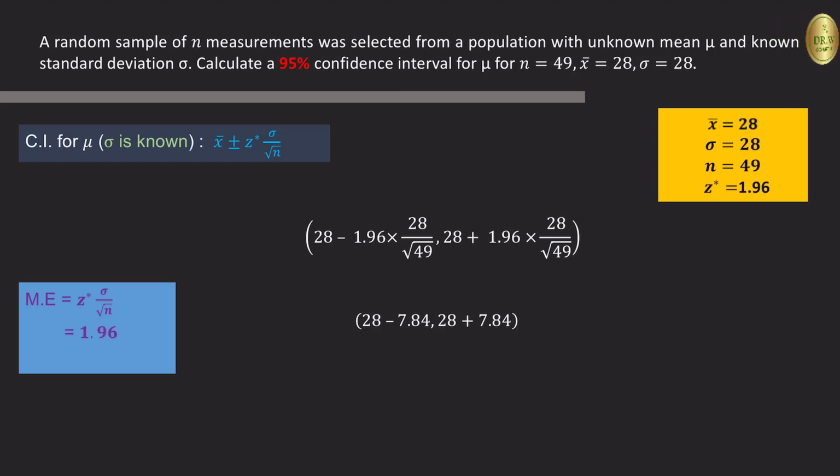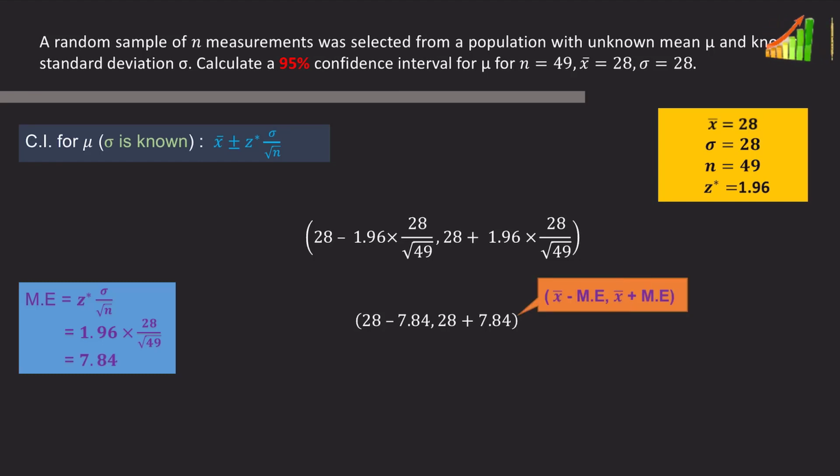Actually, z star sigma over root n is the margin of error. If you know the margin of error, you can find the confidence interval, x bar plus or minus margin of error. So, the lower bound of the confidence interval is 20.16 and the upper bound is 35.84.